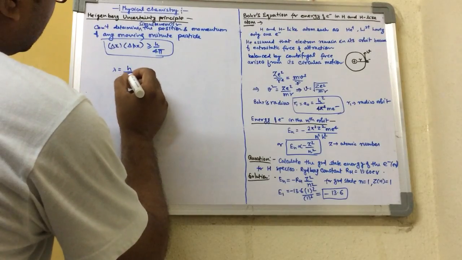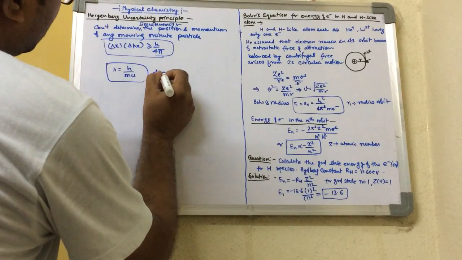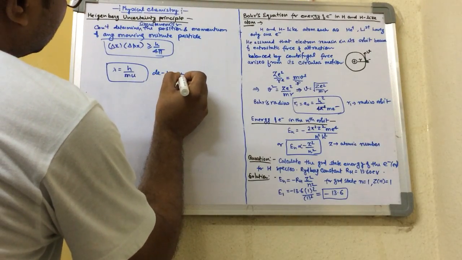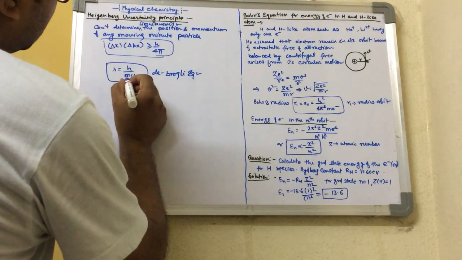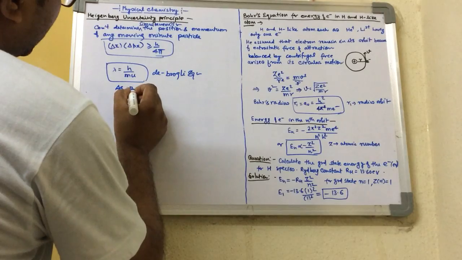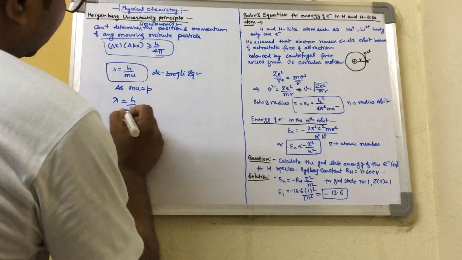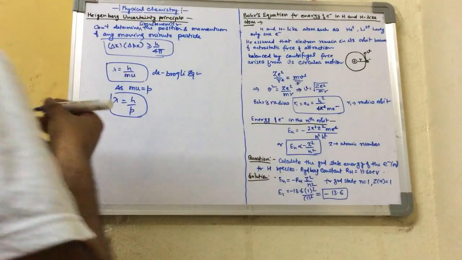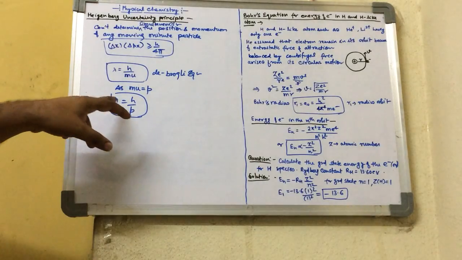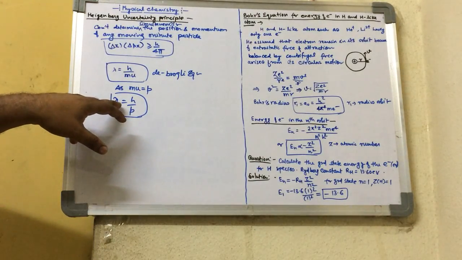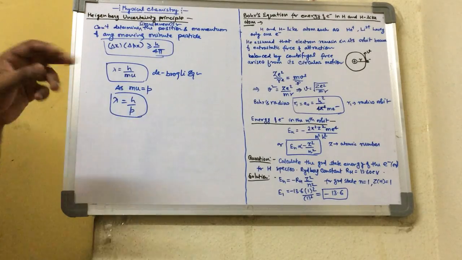This is the de Broglie equation. And as you know, mv is equal to p, the momentum, so you can write h upon p. If the momentum is given, you can calculate the wavelength, and if the wavelength is given, you can calculate the momentum.